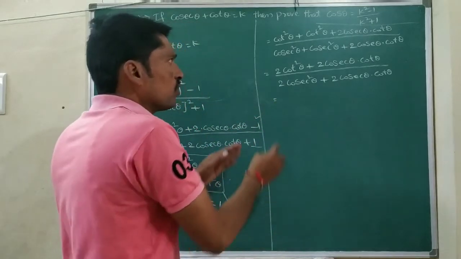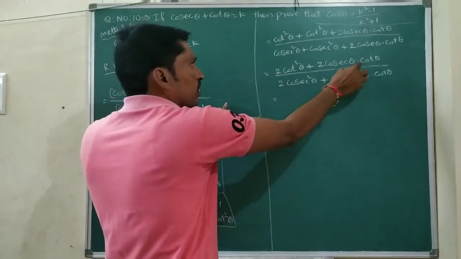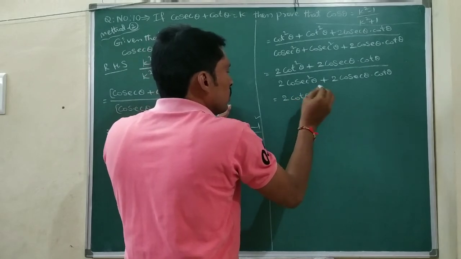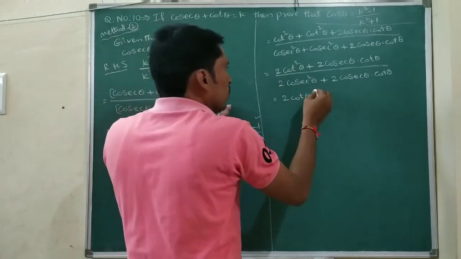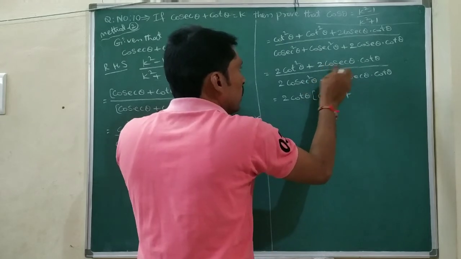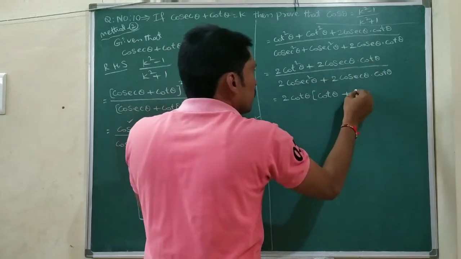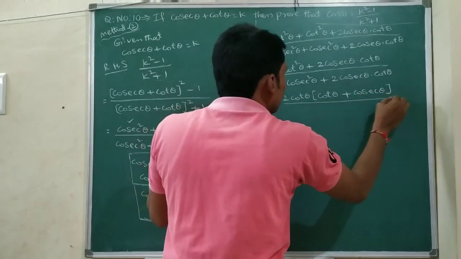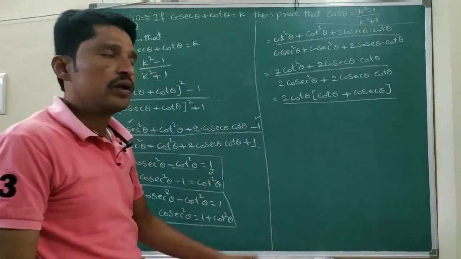So here you have to observe, 2 cot theta we can take as common in the numerator. So 2 cot theta I took common, here remained cot theta plus cosec theta. Whole by, here which one do we need to take common?